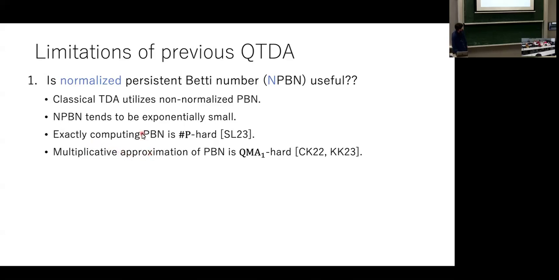If you try to compute the persistent Betti number exactly, the problem is known to be sharp-P hard, so it may not be solvable in general. And if you try to approximate the persistent Betti number within a multiplicative error, this is known to be QMA-hard, so this problem may also be intractable for quantum computers.